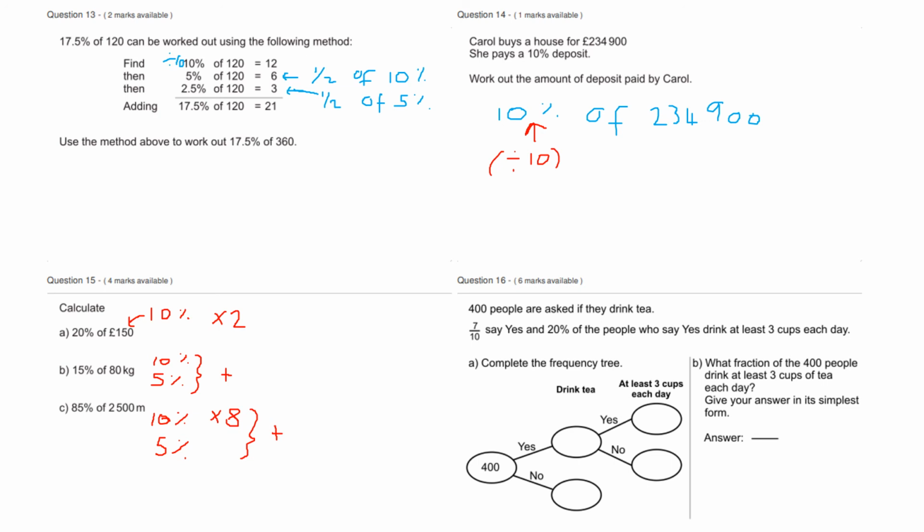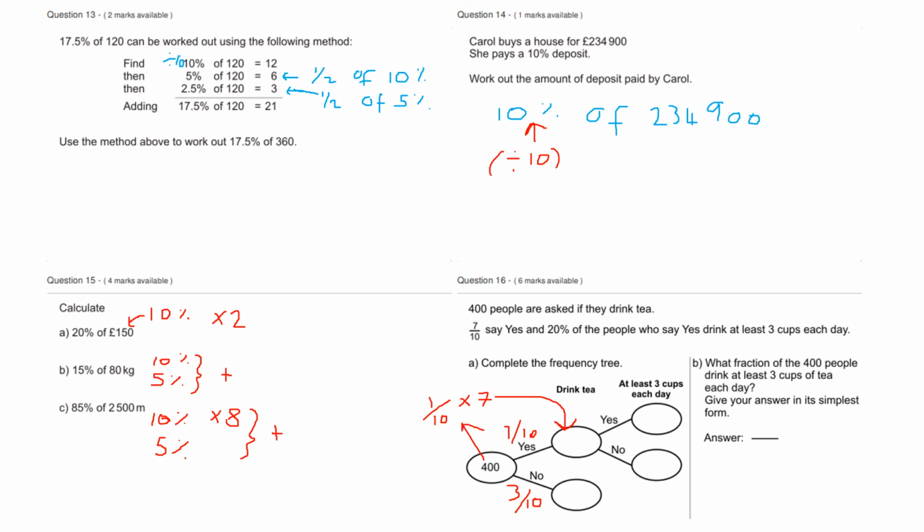So we've been told 7/10 say yes, so that means that 3/10 must say no. So what you need to do is you need to work out 1/10 of 400, so you need to divide it by 10 and then times it by 7 and write your answer in there.